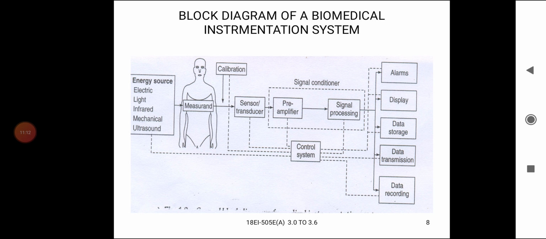The signal conditioner contains A to D conversion and impedance matching devices, etc. The signal is passed on to the alarms for the attention of the operator.